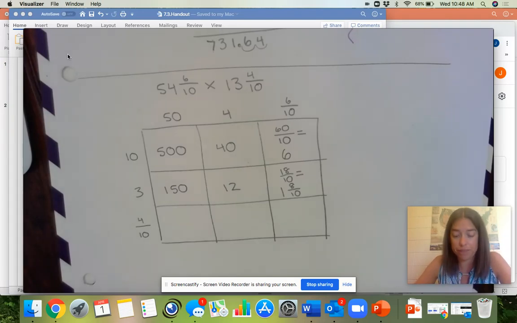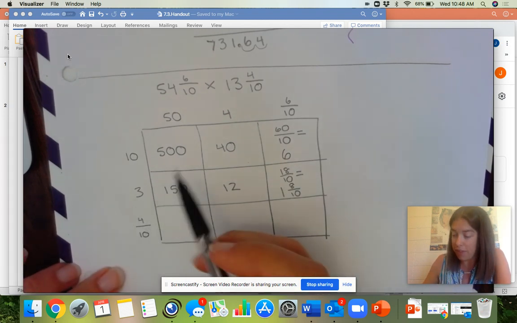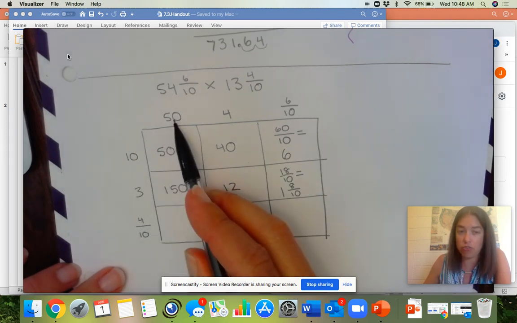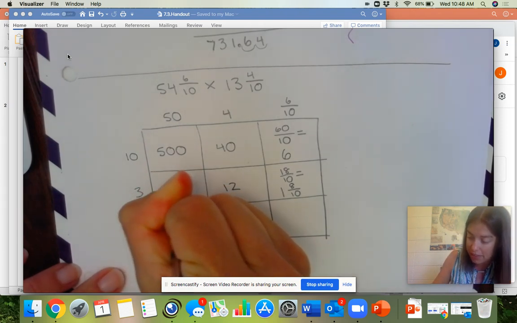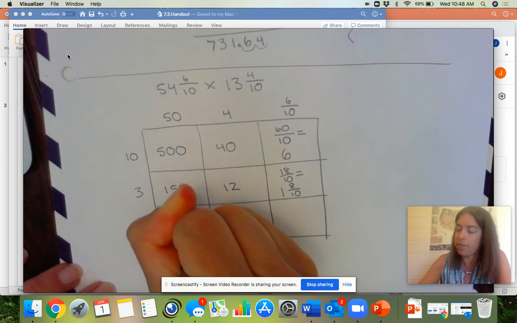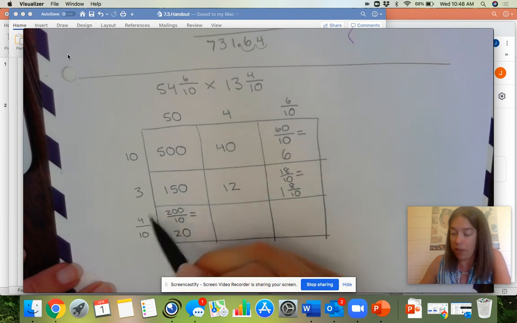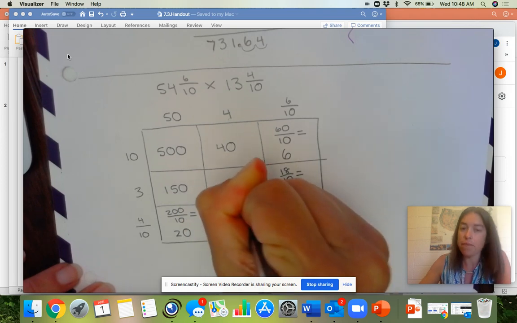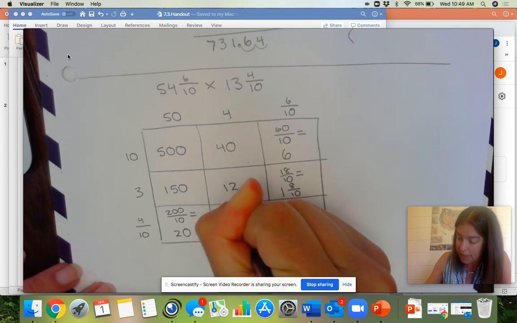Now I have a fraction. 4/10 times 50. I know I need to multiply my numerators, so 4 times 50 is 200 over my denominator of 10, 200 tenths, which we can reduce to 20. 4/10 times 4. 4 times 4 is 16 tenths. And we can reduce that to 1 6/10.